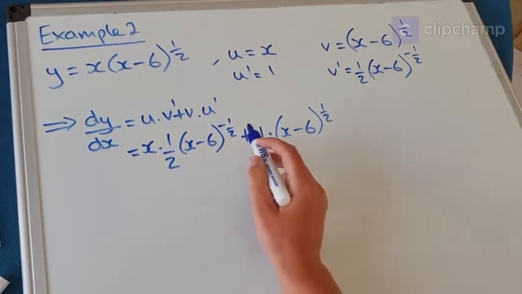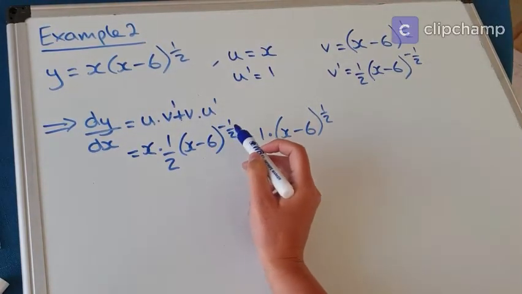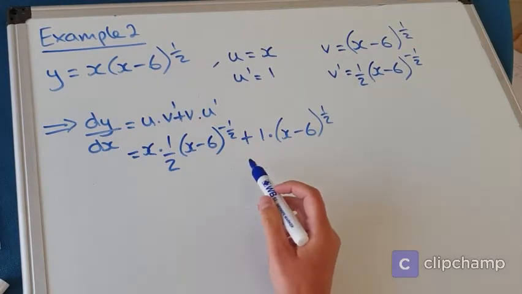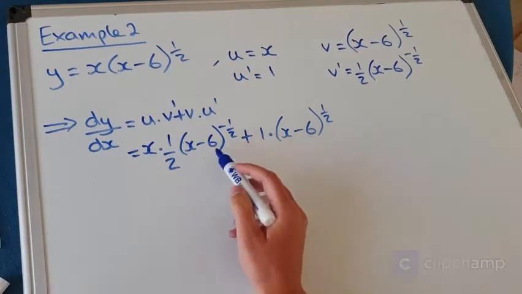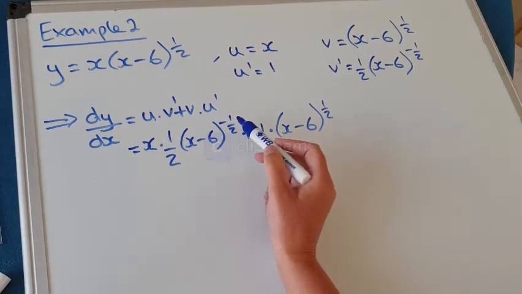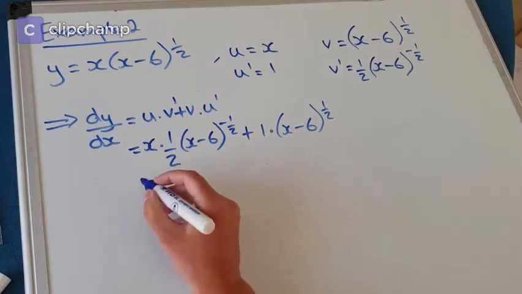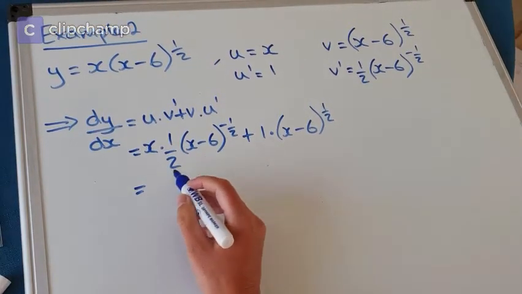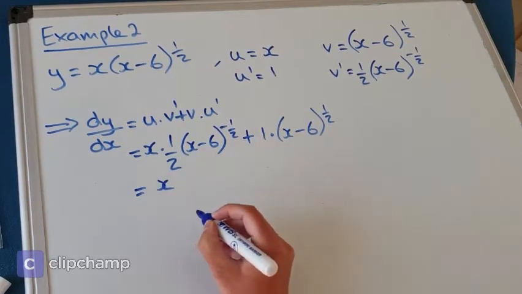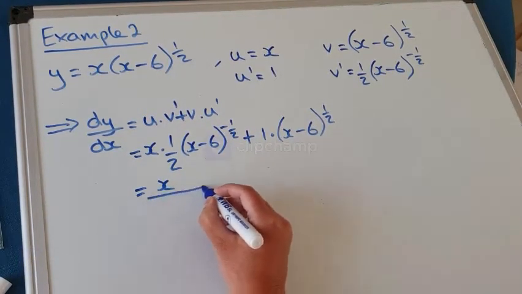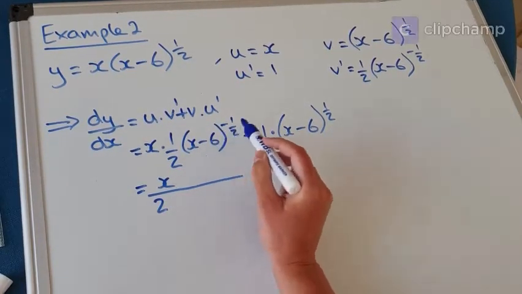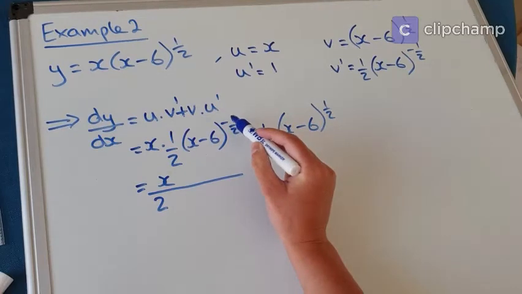Now you can work with your indices here, which are fractions, but I'm not really that keen on it. So I'm going to put this into root form and have it with a positive power first of all, and then with root form. So my x is going to stay on top of the fraction here. My 2 stays in the bottom, and (x minus 6) to the minus a half is on the top.